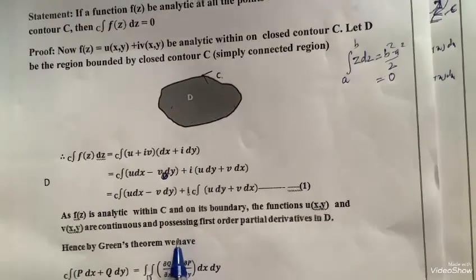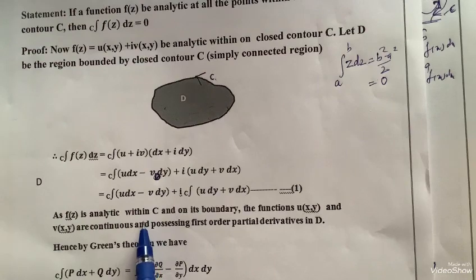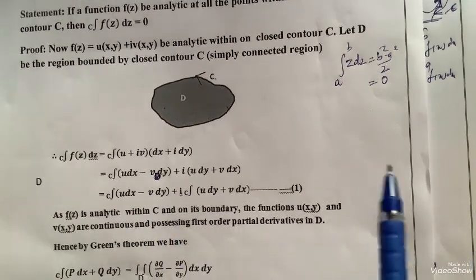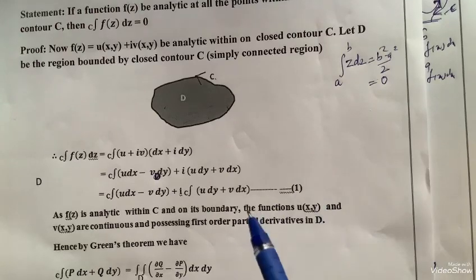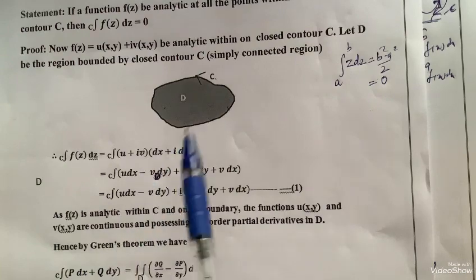Therefore, here the conditions are satisfied. It means f z is analytic means u and v are continuous, first order partial derivatives exist and CR equations are satisfied. Hence, by using Green's theorem.